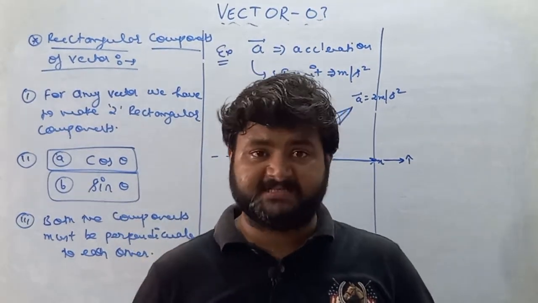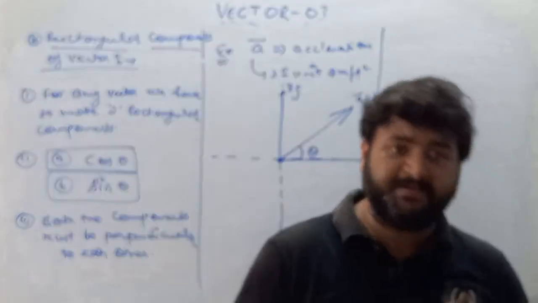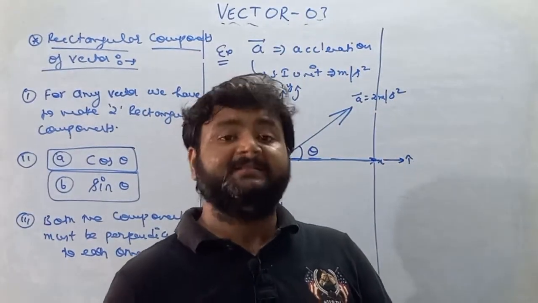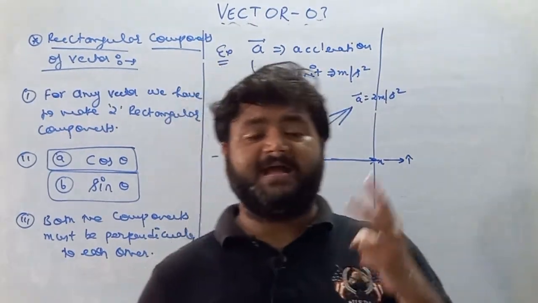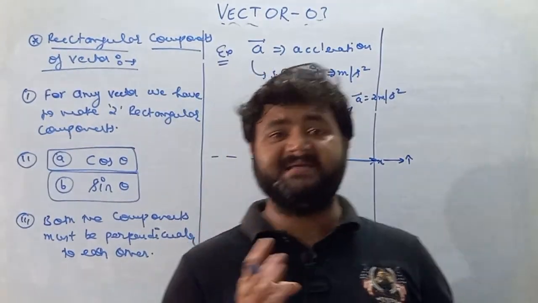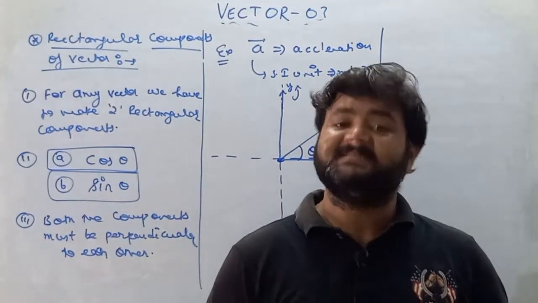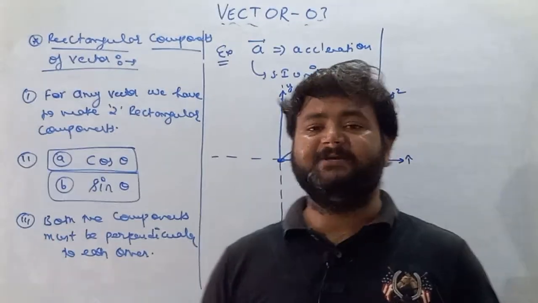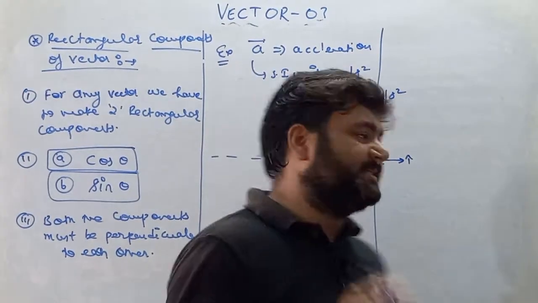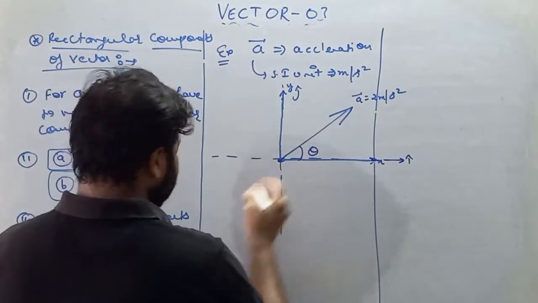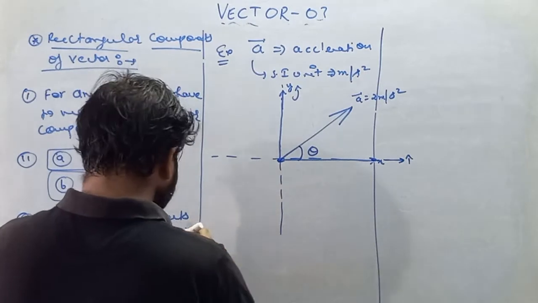Either it will be the xy plane, the yz plane, or the zx plane. Then we have to make its components. For any vector, we have to make two components. One is cos theta and the other is sin theta. And I already told you that both the components must be perpendicular to each other. So in this scenario, we'll make the components.